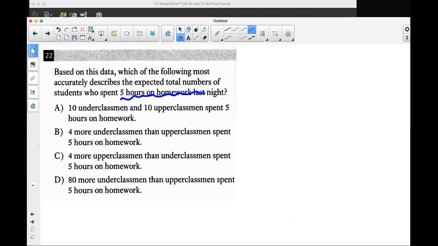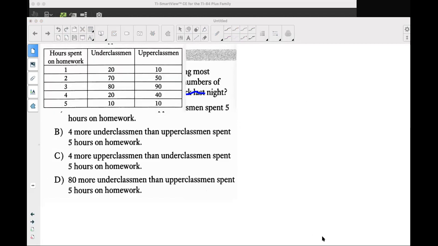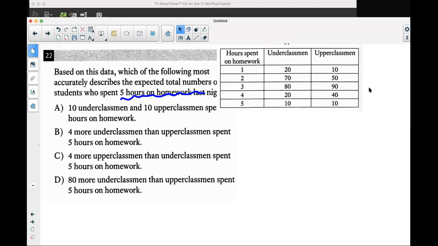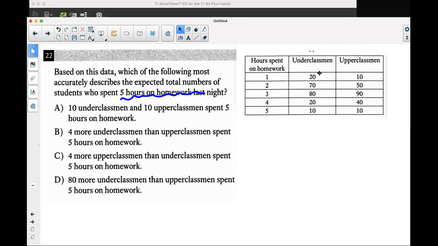All right, so then let me try to go back and see what's going on here. Based upon this data, did you realize that 5 hours on the homework means we're looking at 10 or 10 here. Both of them happen to be 10.